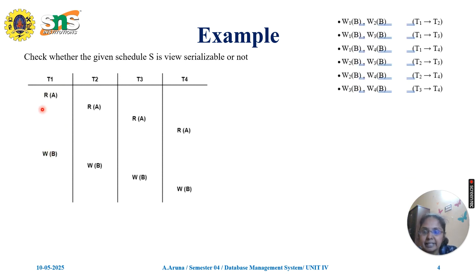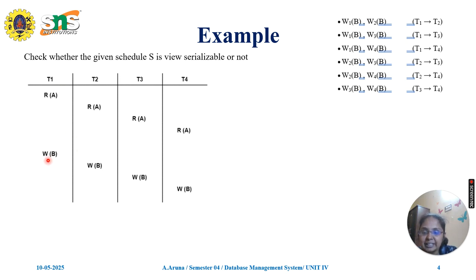Considering transaction 1, if it is a read and read, that is not a problem. It also has a read and write, but here the data item is A and there it is B, so we don't need to check. Similarly for the 4th, it doesn't have a conflict because it is a read and read. Read and read does not have a conflict.